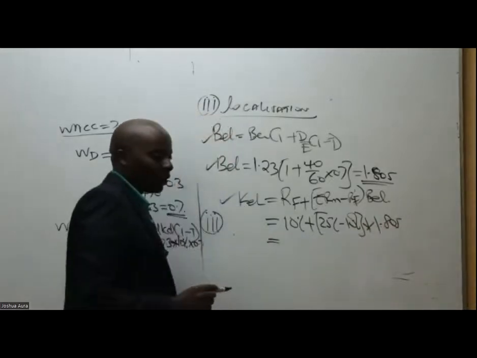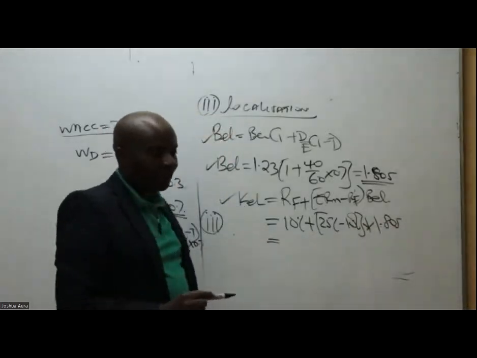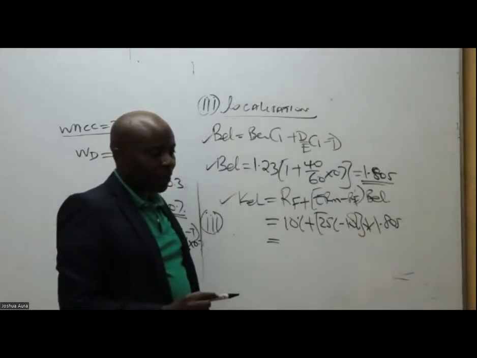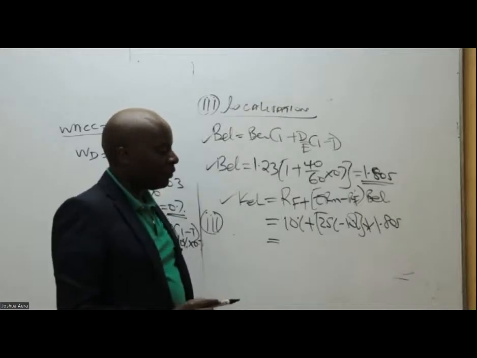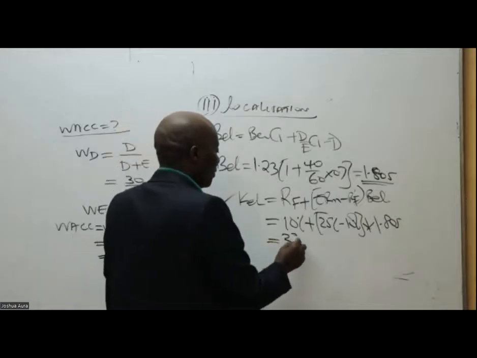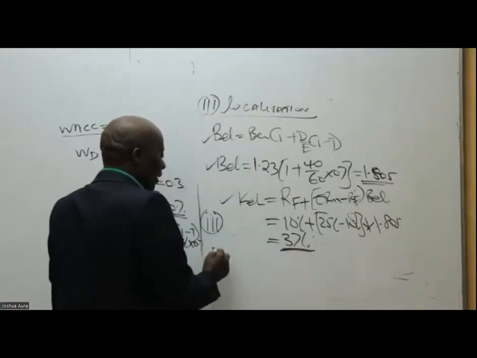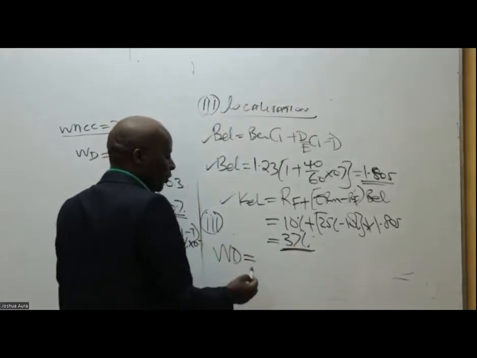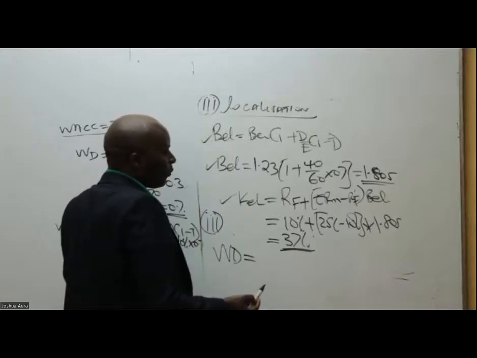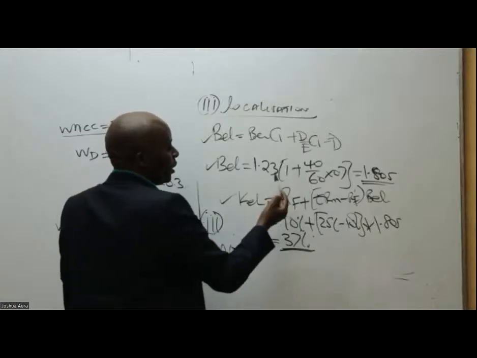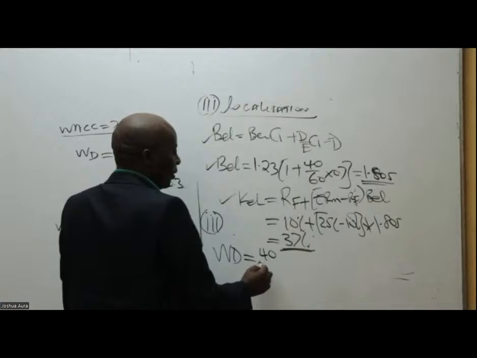So at the end of the day, what are we getting as our Ke? 37%. And then, ladies and gentlemen, go ahead and give us WD, weight of debt. So weight of debt, this is 40 over 40 plus 60.